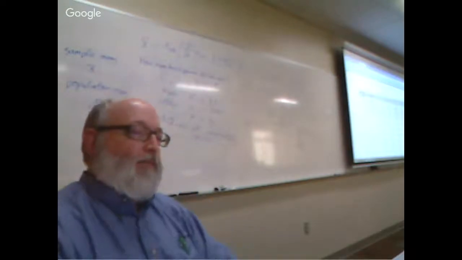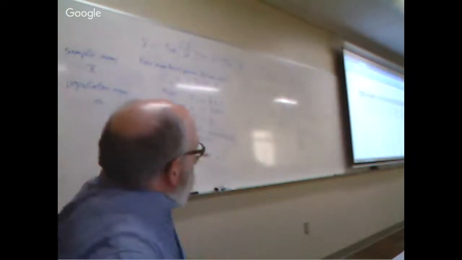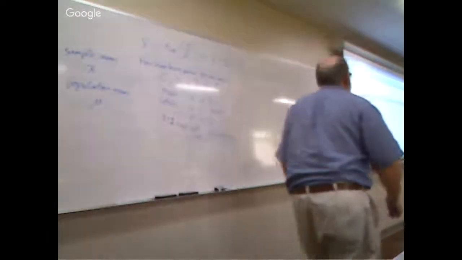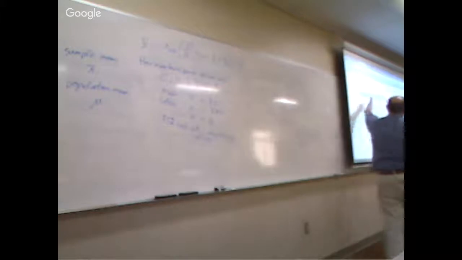In this situation, what do I have for my confidence interval? 95%. Where am I going to look? Well, right here, confidence interval, 95%, right there. I'm going to be looking in this column.